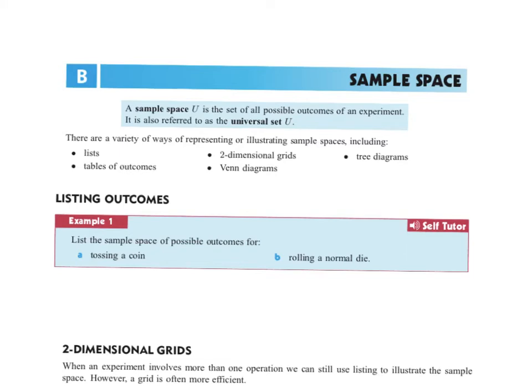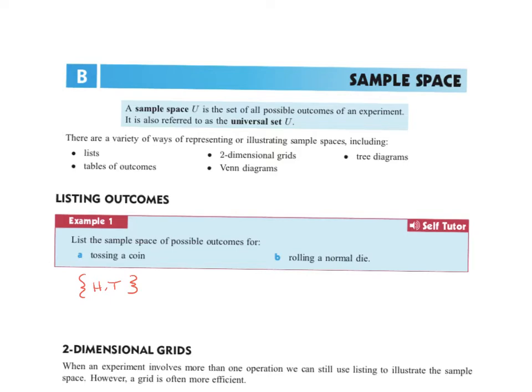So, for tossing a coin, what are the possible outcomes? Either heads or tails. So, how do we represent a set? Well, of course you use those curly brackets. So that's the sample space. It doesn't matter in which order you list the H and T, just as long as you list all of the possible outcomes.